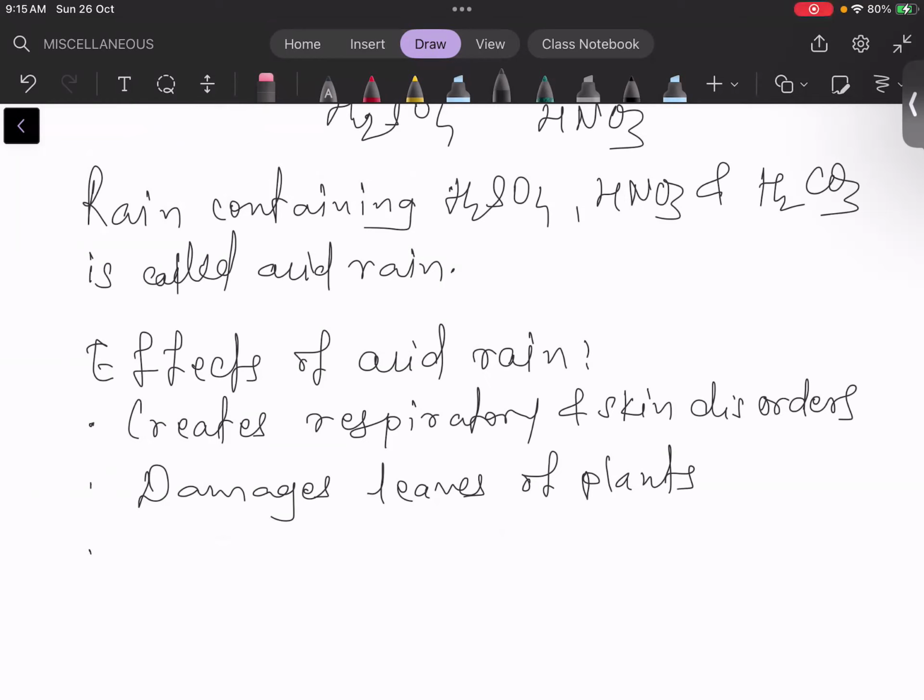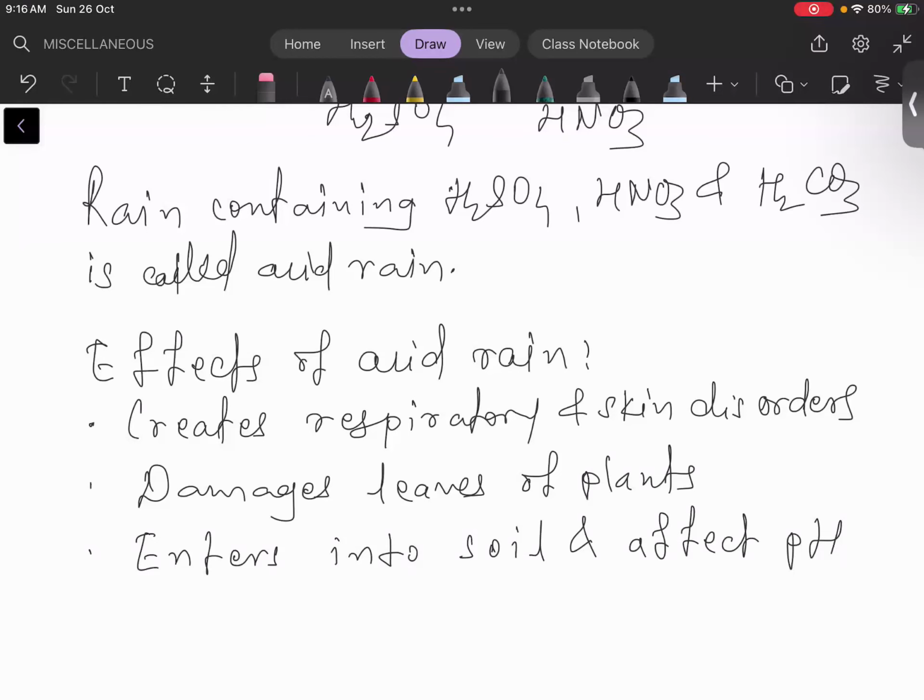It enters into the soil and affects the pH of the soil.